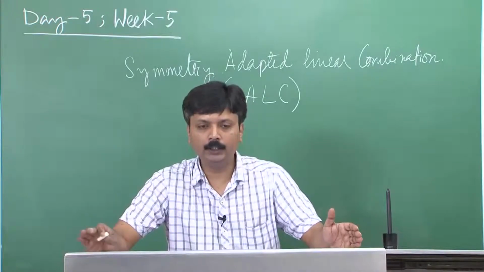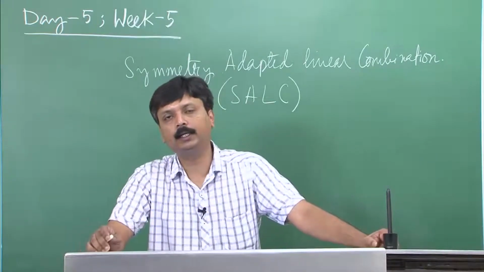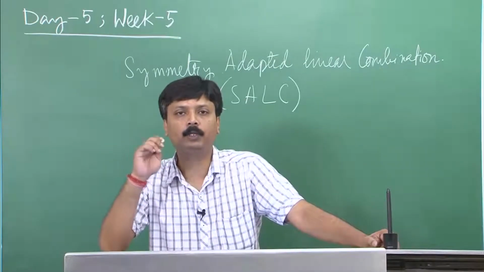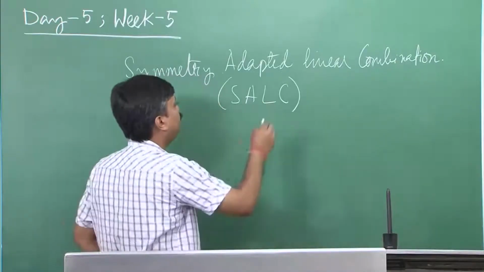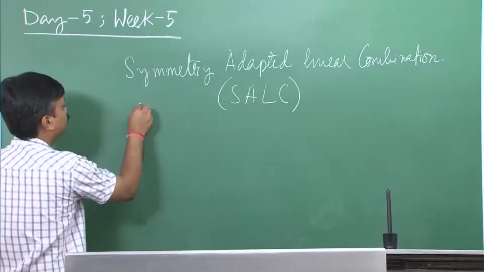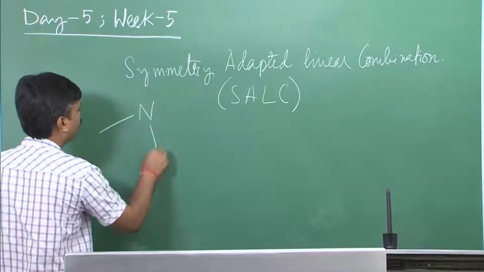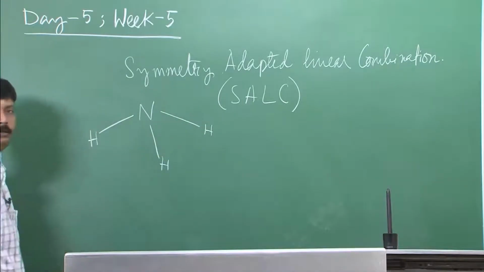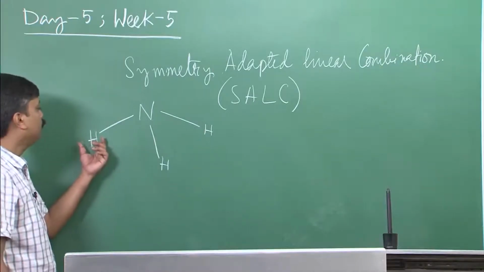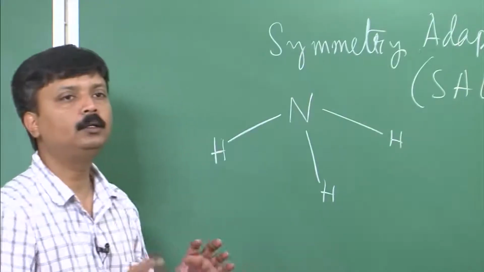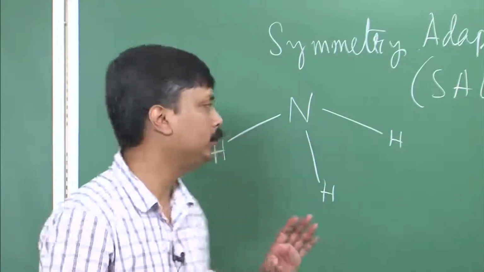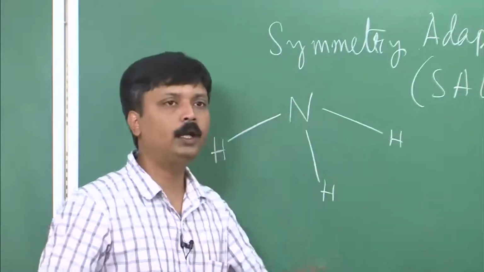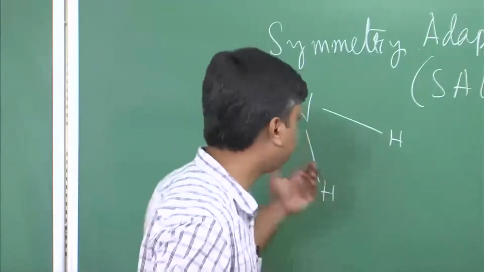Now, you see why the symmetry constraint is needed, because for example you take any given molecule, say ammonia. In the case of ammonia what we have is this bond that we write, right? Now the bond means what? This is the combination of the atomic orbitals. So hydrogen has a 1s orbital and nitrogen has 1s, 2s, 2p orbitals.